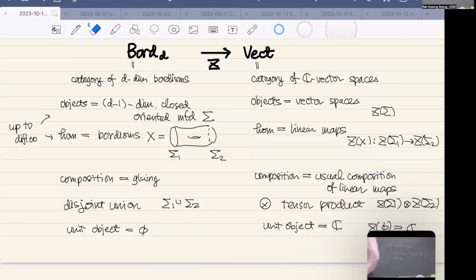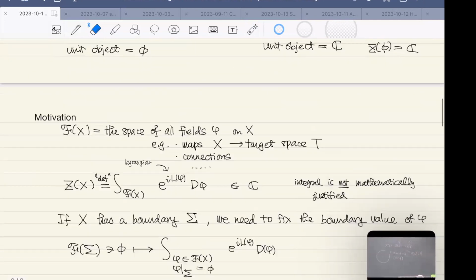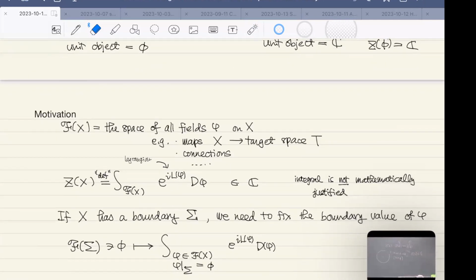It means just multiplication by a complex number as a homomorphism. So we should assign a complex number to a closed D manifold.